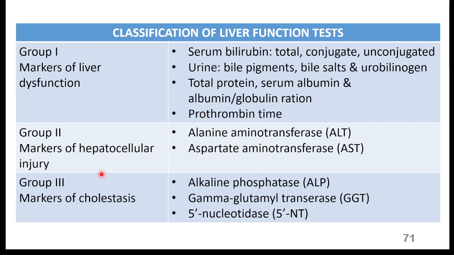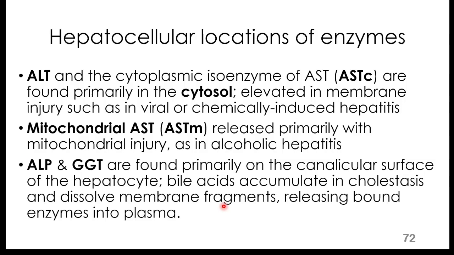Now for hepatocellular injury, alanine aminotransferase (ALT) and aspartate aminotransferase will be markedly elevated. But for cholestasis, alkaline phosphatase, gamma glutamyl transferase, and 5-nucleotidase will be elevated. Now, ALT is a cytoplasmic enzyme.